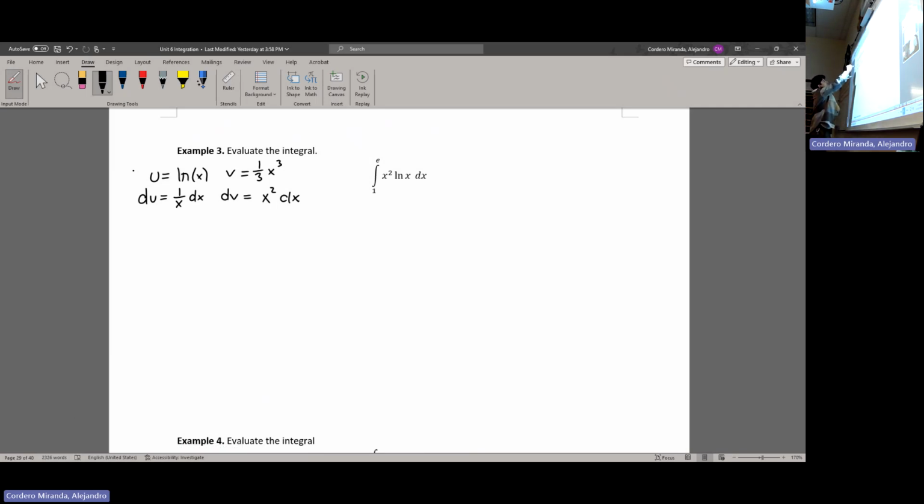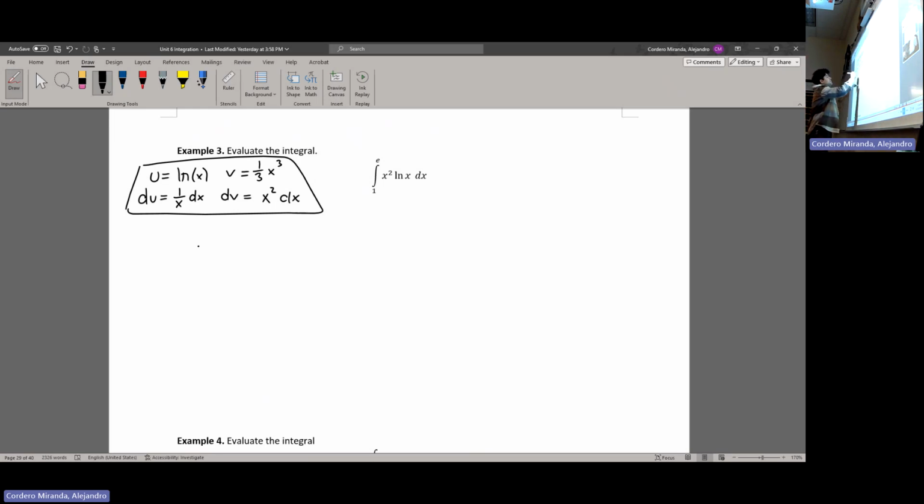And now let's see if this gets us anywhere. It might be that you have to do two integrations by parts, which is fine, that happens all the time. But let's see where we get. And also, we'll talk about the fact that this is a definite integral. All that does is you have to plug in some numbers at the end.